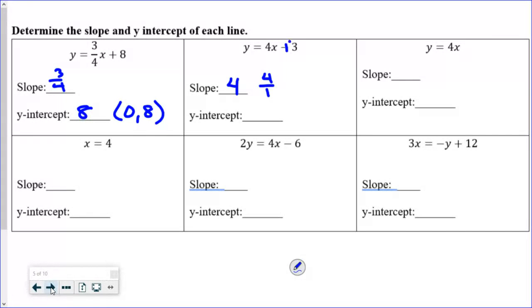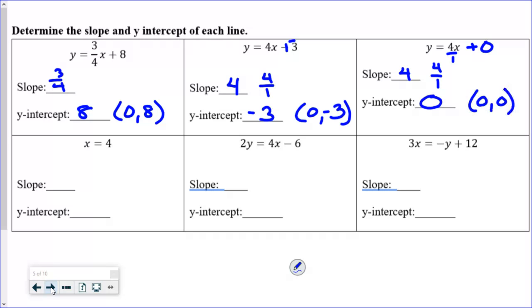The y-intercept is actually -3, which means it's an ordered pair 0, -3. Okay, the slope is 4, but we could also say it's 4 over 1. Either one works. There's nothing at the end, so that is 0, or the ordered pair 0, 0.